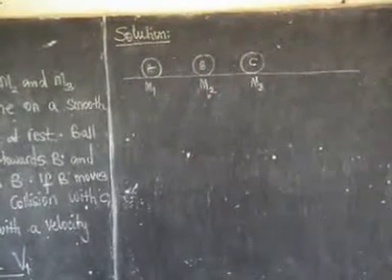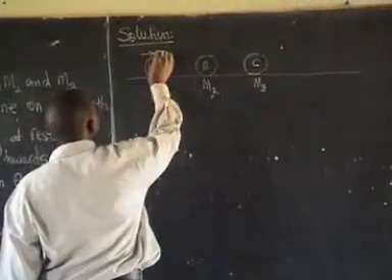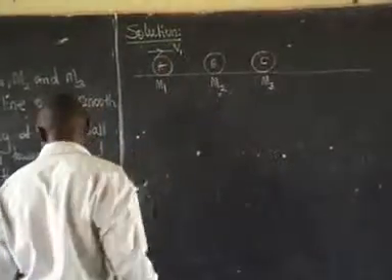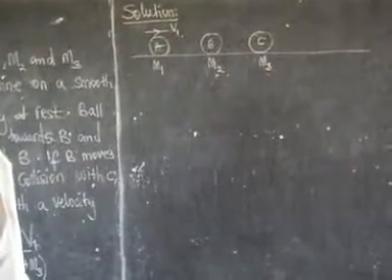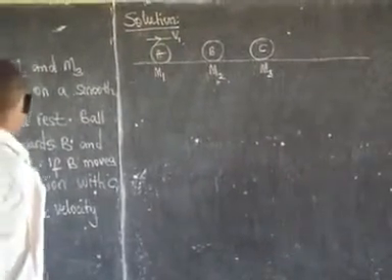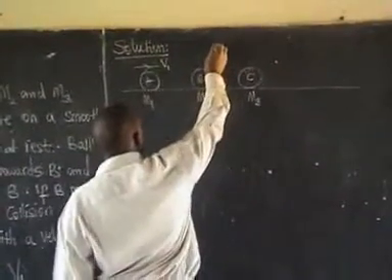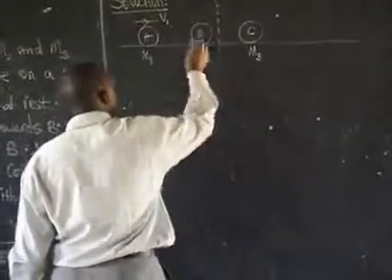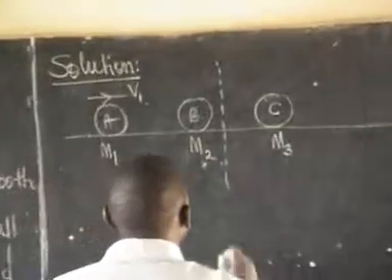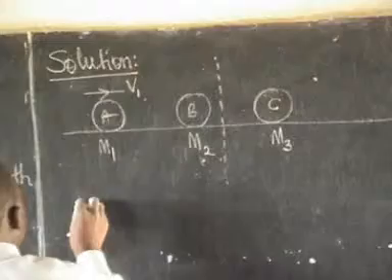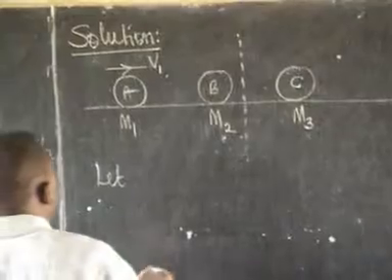Ball A is projected with the velocity v1 towards B. So if B moves and makes an inelastic collision, it means that after impact, B is going to move with a velocity which I'm going to call, since they have used the V1, there is no harm if I use U.